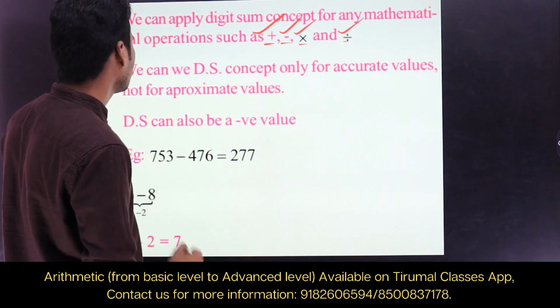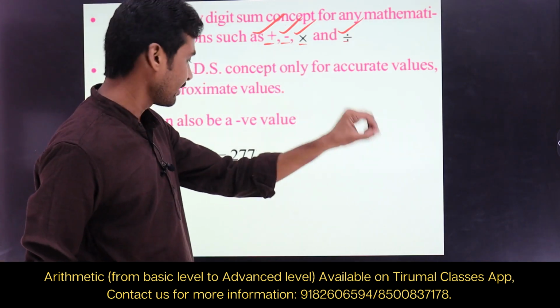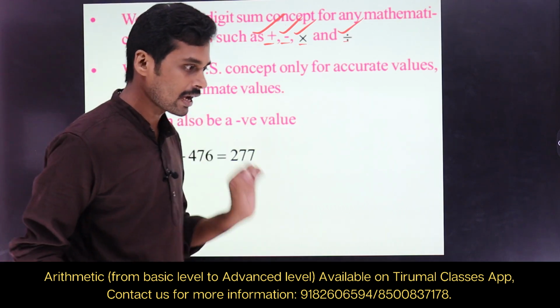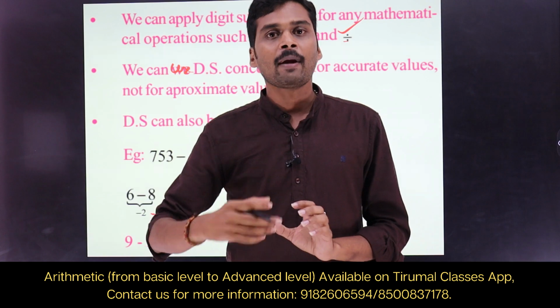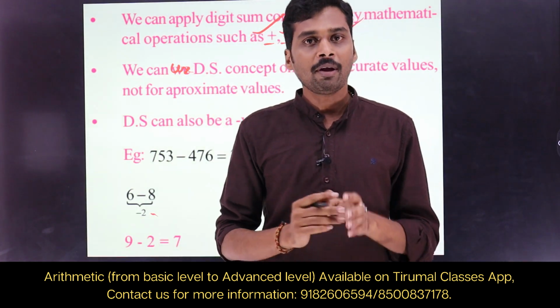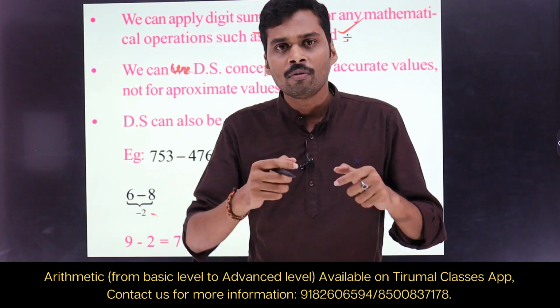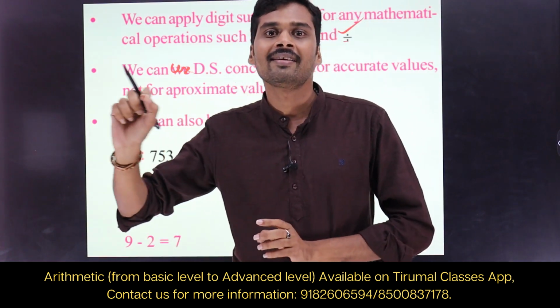The next point is we can use the digit sum concept only for accurate values, not for approximate values. When you are applying the digit sum, you should not apply it to all the problems. If you read the problems, in the brackets you may see "approximate value", or "express your answer in approximate values".